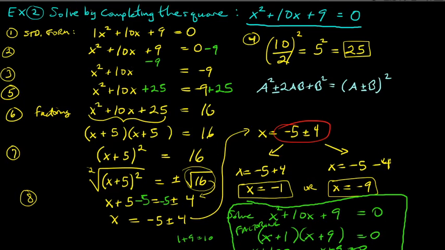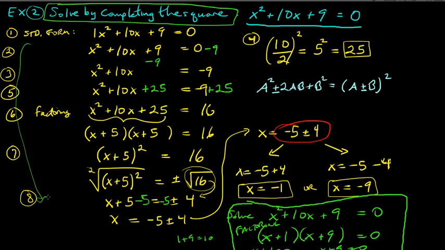So the reason why we didn't do it that way is look at the directions. They didn't give us a choice. They said we had to complete the square. We had to do it this way, right? As unpleasant as that was, they want us to get used to completing the square. So even though this was doable by factoring, this was doable by factoring here.